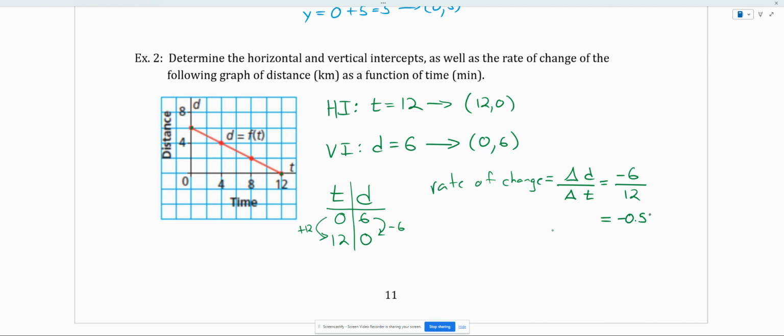And what are our units? Kilometers per minute. So this is kilometers per 1 minute. Again, you could write this as negative 0.5 kilometers per minute. And so it looks like we have an object, and it's decreasing its speed by 0.5 kilometers per minute.